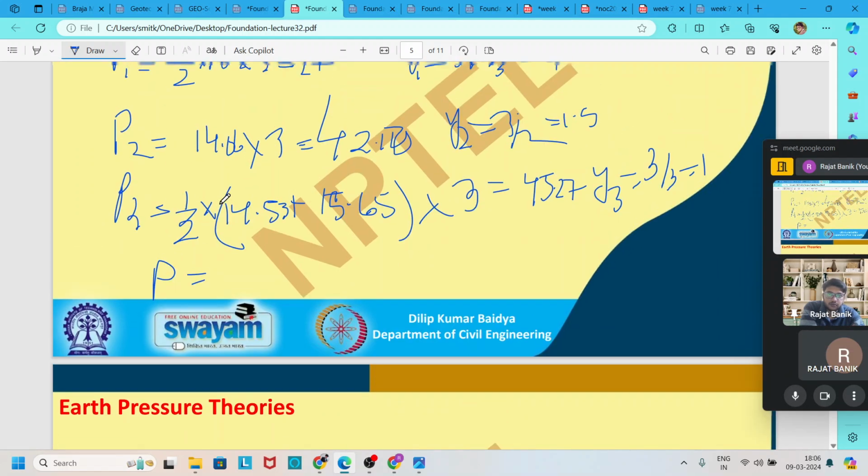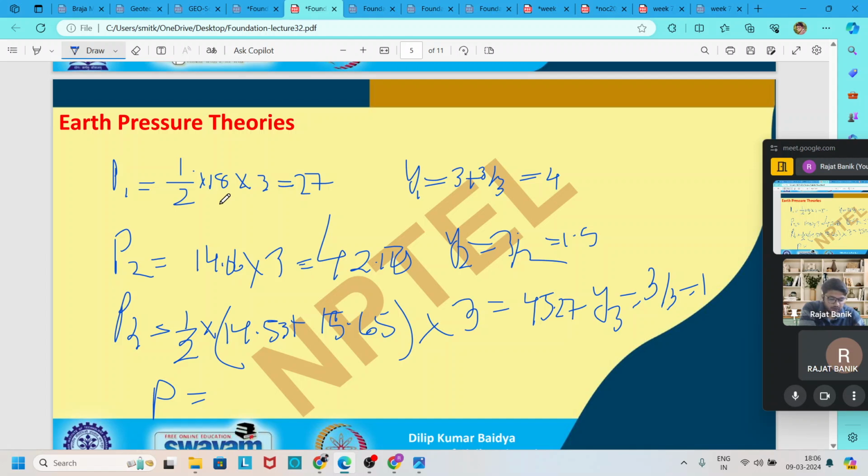Now find out the total force P equal to P1 plus P2 plus P3, that is 27 plus 42.18 plus 45.27. This becomes 114.45.